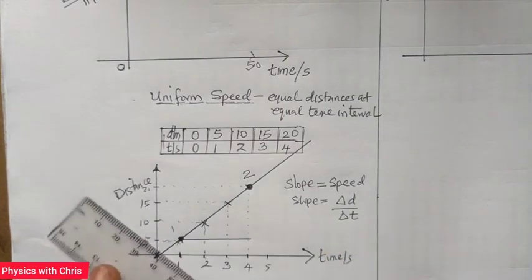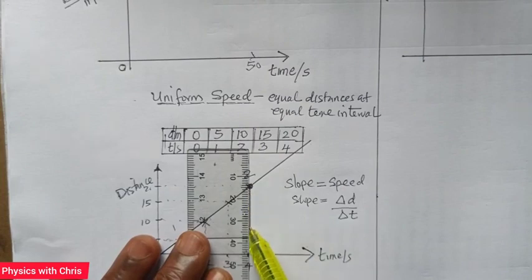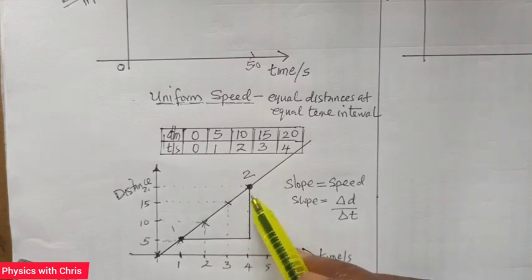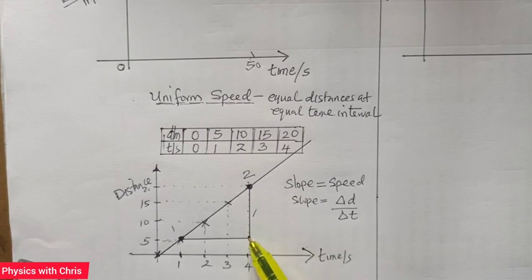I draw the horizontal along the time axis, and the vertical line, the opposite side, parallel to the distance axis. From point 1 to this point, let's call it point 3, is my change in distance, and between point 1 and point 3 is my change in time.